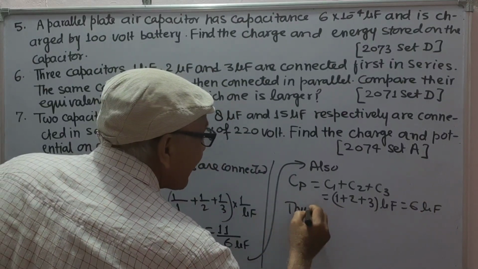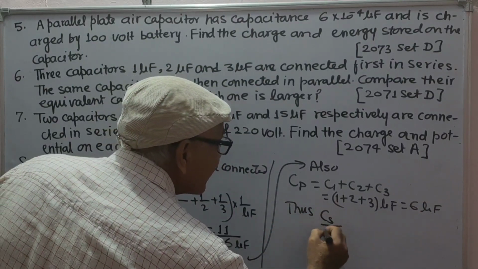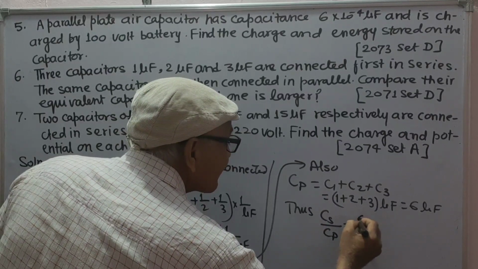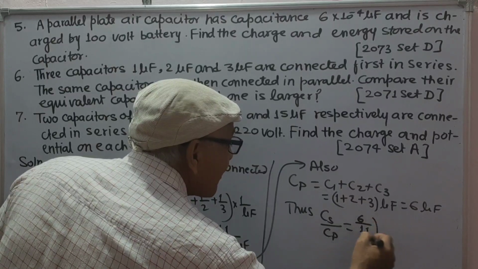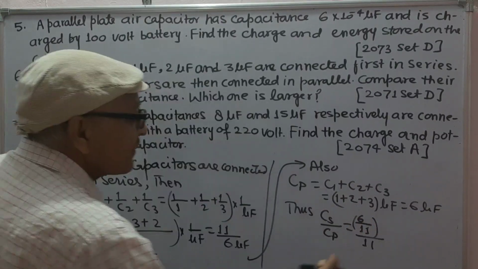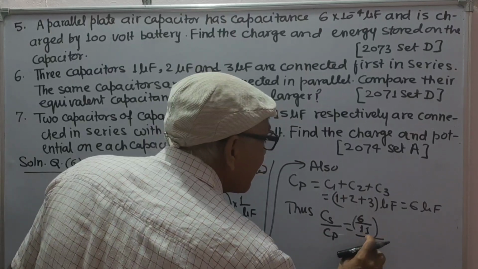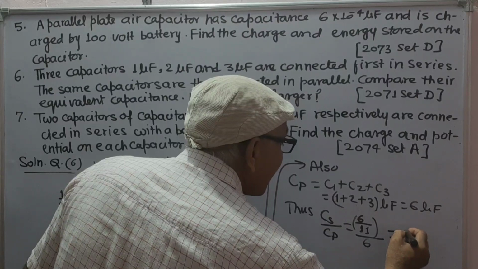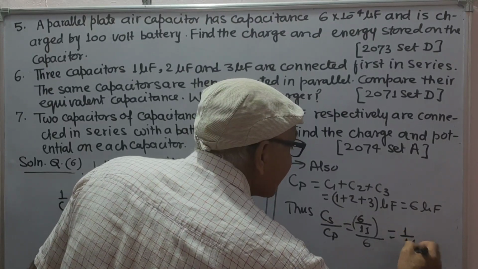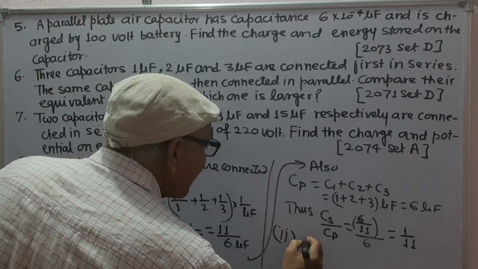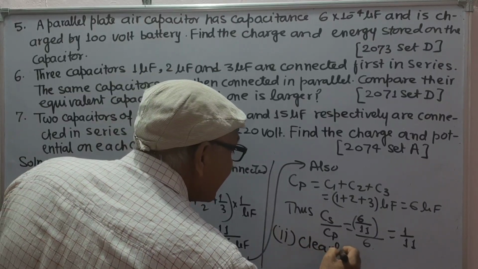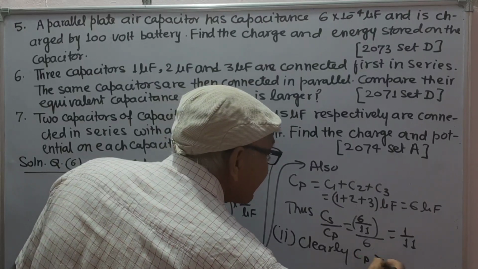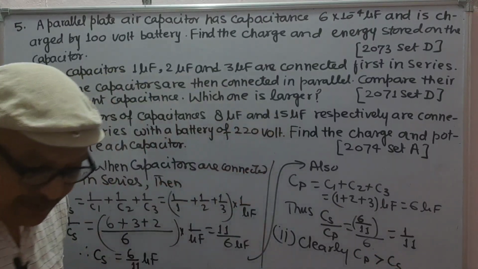Thus, C series upon C parallel will be equal to 6 upon 11 upon 6, which gives 1 upon 11. Second part, clearly C parallel is greater than C series.